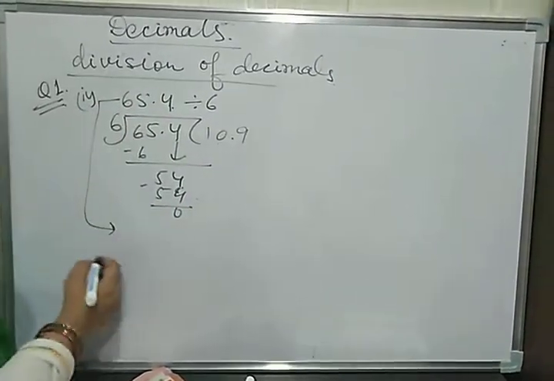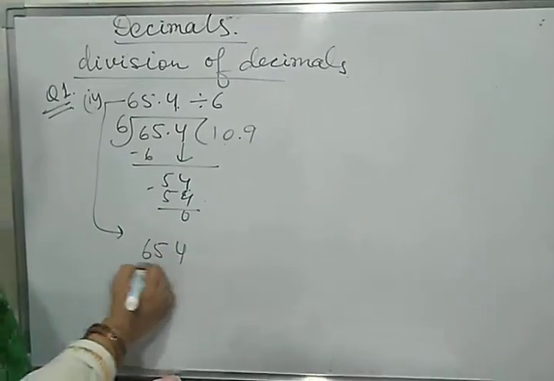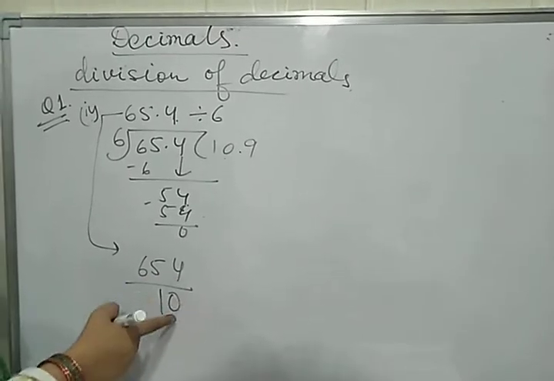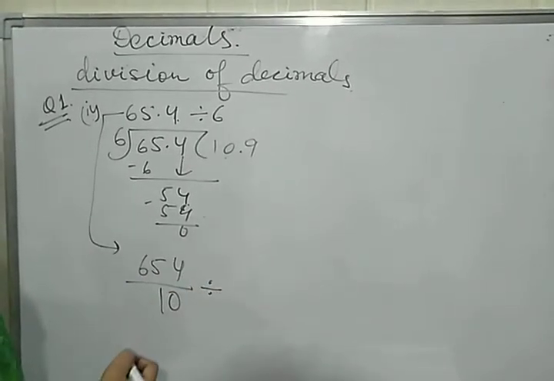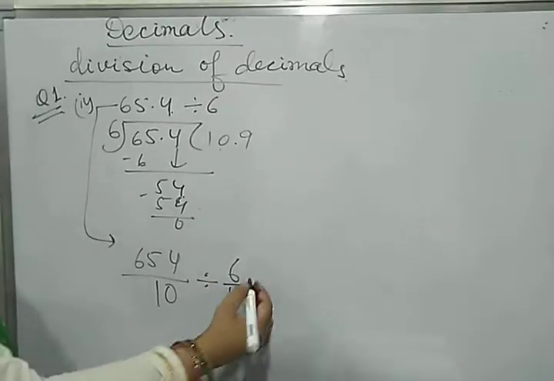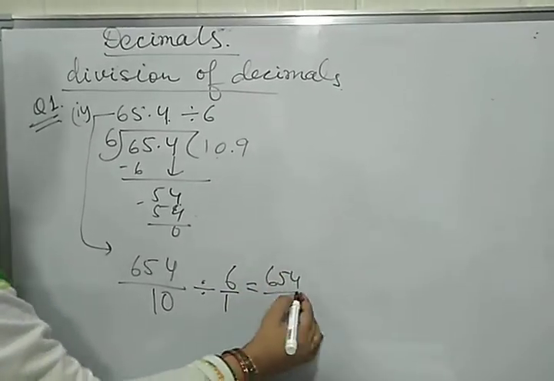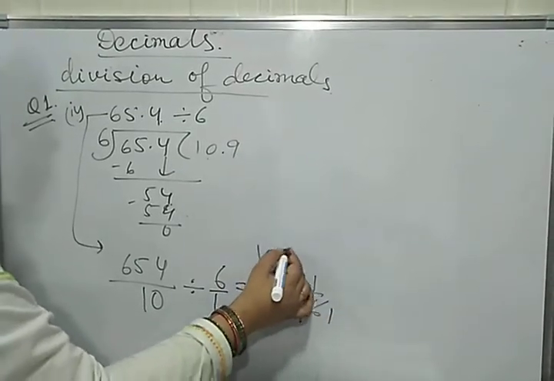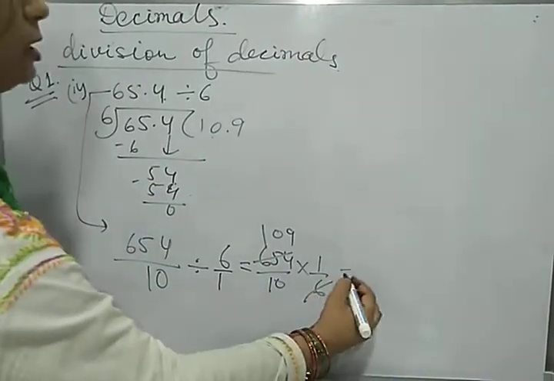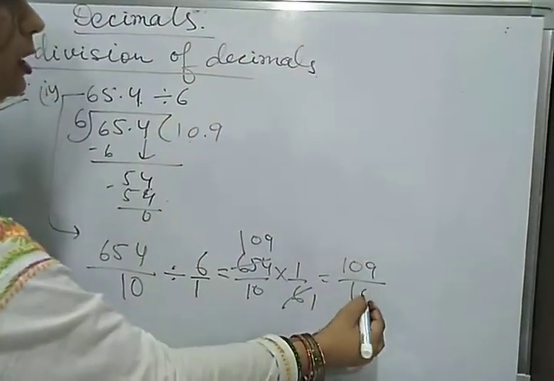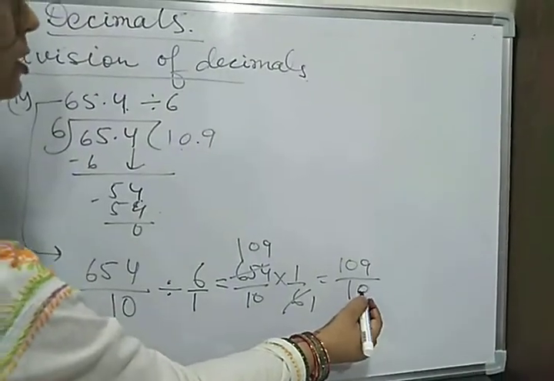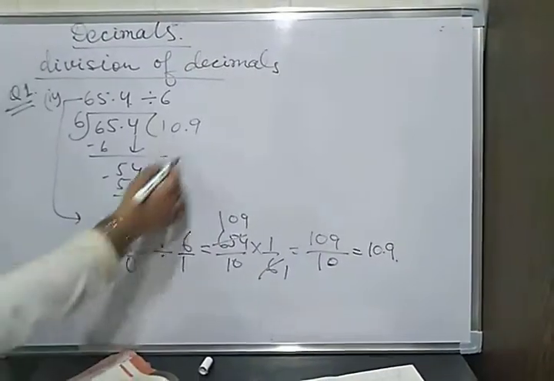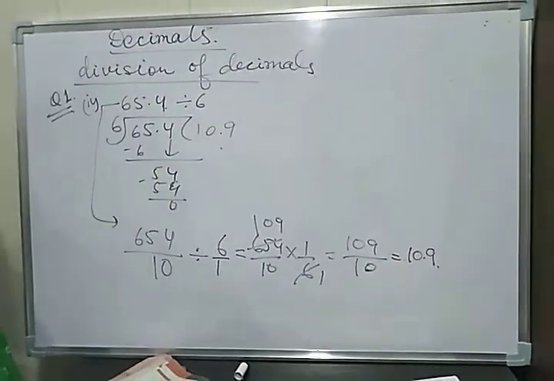Now convert this number into a fraction number. 654 divided by 10, because there is only one digit after decimal, so we will put 10 in the denominator. 654 upon 10 multiplied by 1 upon 6. 6 1s are 6, 6 1s are 6, 6 9s are 54. So this is 109 upon 10. There is a 10 in the denominator, means 1 zero. So before one digit we have to place the decimal in the answer. 10.9, 10.9. You can do by any method, okay?